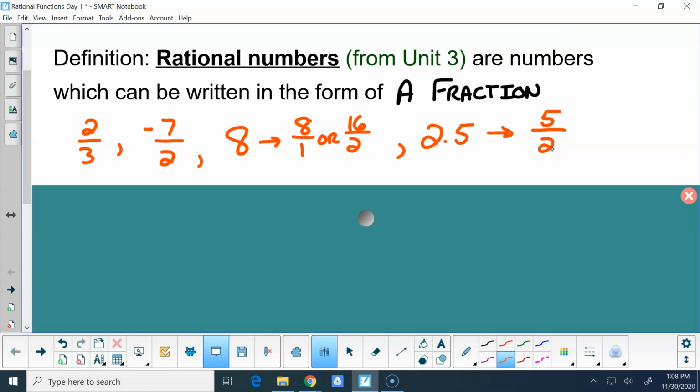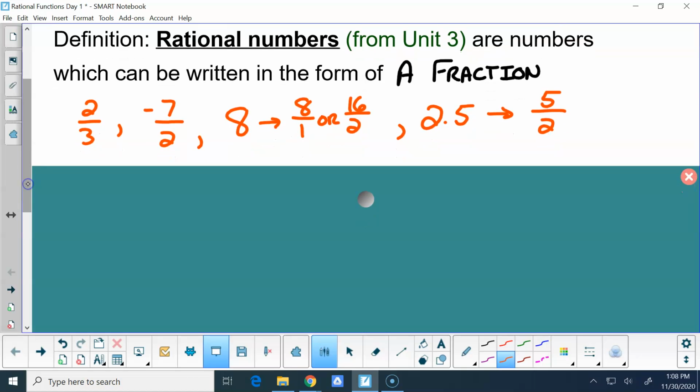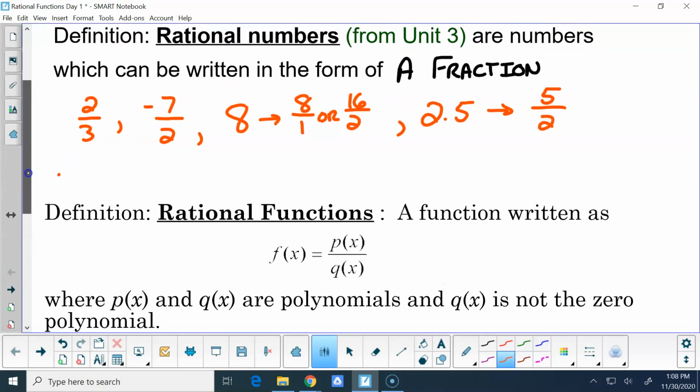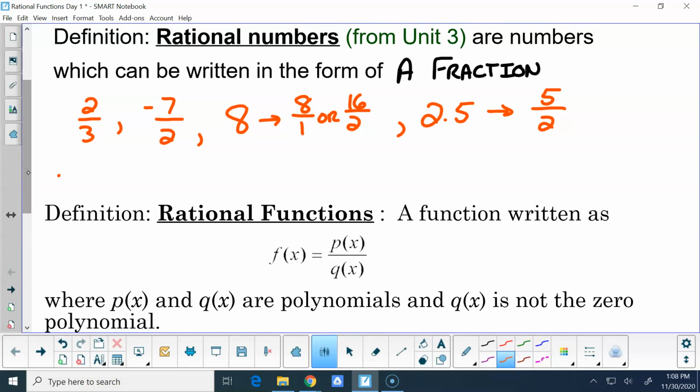Okay? What we're going to focus in this unit is we're going to focus in on rational functions. Okay? A rational function is a function that can be written as a fraction, where p of x over q of x, p and q are both polynomials.